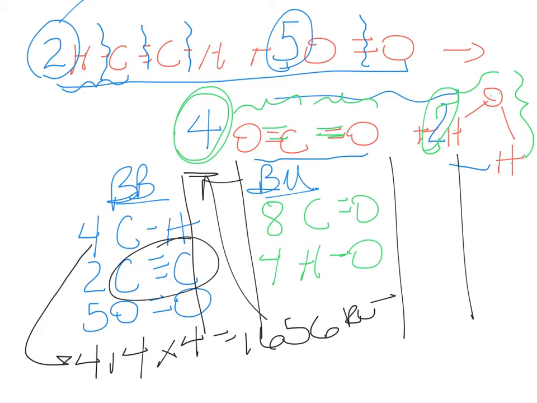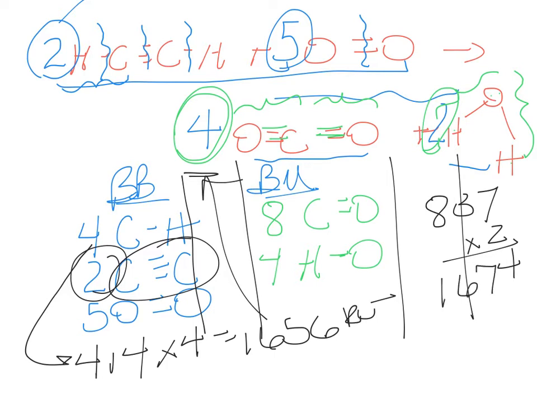Carbon-carbon triple bond is 837 kilojoules, and there are 2 of those. So 837 times 2 is 1674 kilojoules. So we're going to end up adding those 2 together. And then we have 5 oxygen-oxygen double bonds.